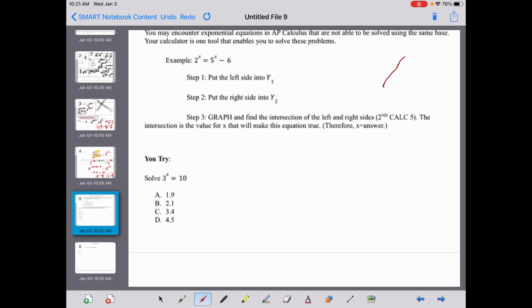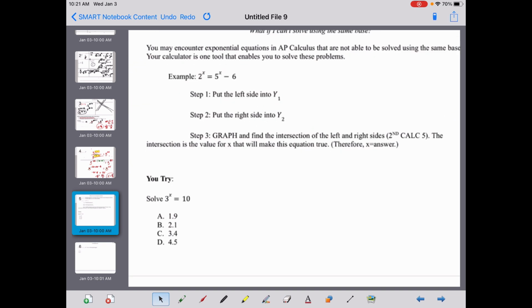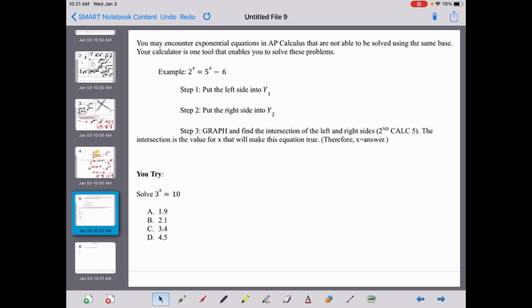Okay, so this is just a little extension that you can do in your calculator. And if you take AP Calculus, you might have to find out what x equals when you have numbers that you can't create as same bases or combine. 5 and 2: not the same base, both prime numbers, cannot be rewritten.